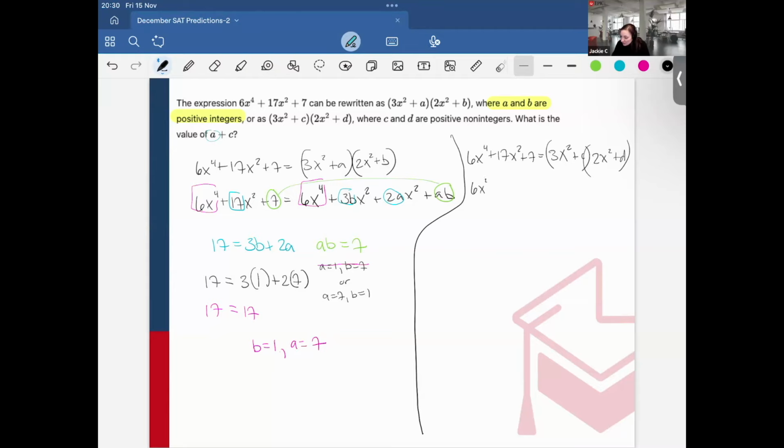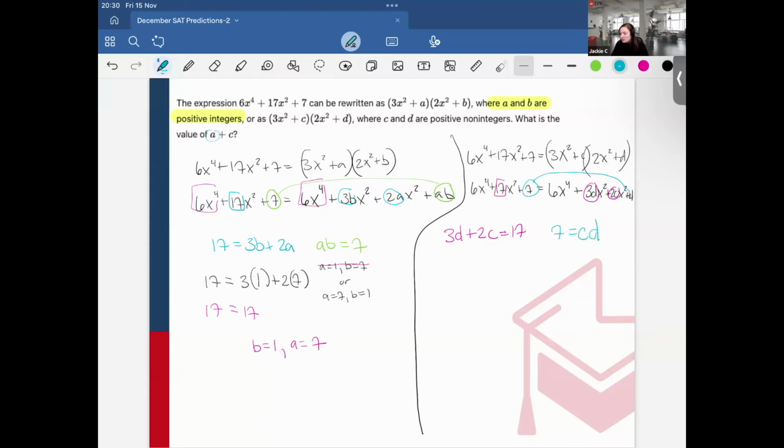Expanding the brackets, again we would have 6x to the fourth, plus 3d x squared plus 2c x squared plus cd. I ran out of space. But anyways, I can see again that 3d plus 2c, you see how I'm using the coefficients in front of the x squares, is equal to 17. And also the 7 here would be equal to c times d.